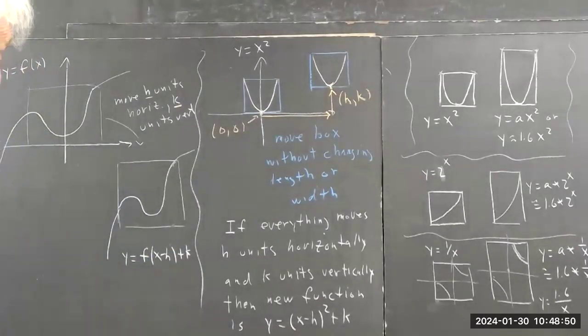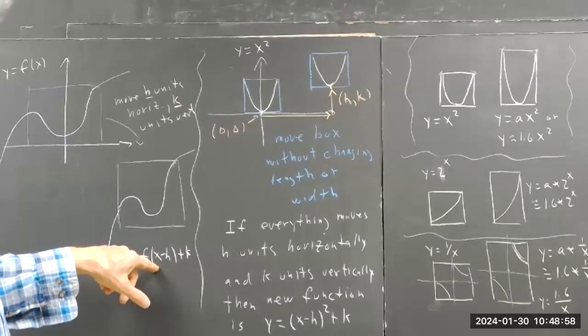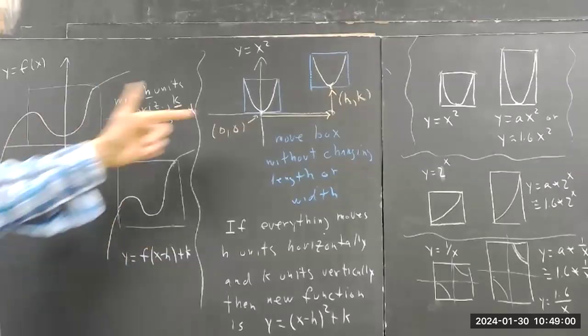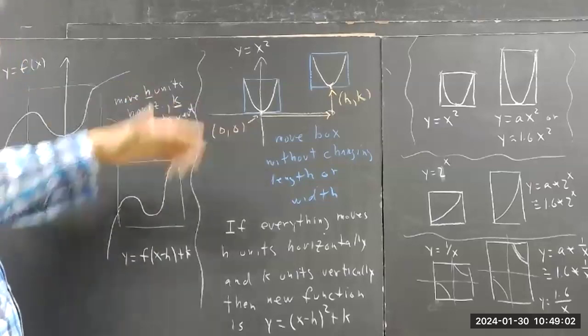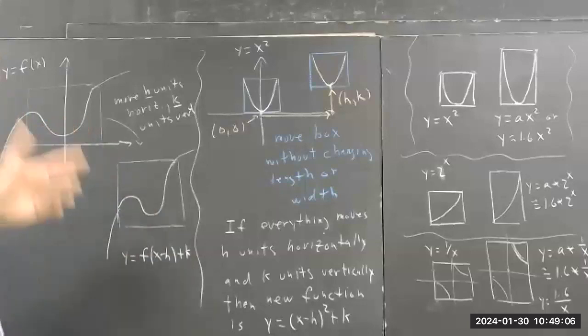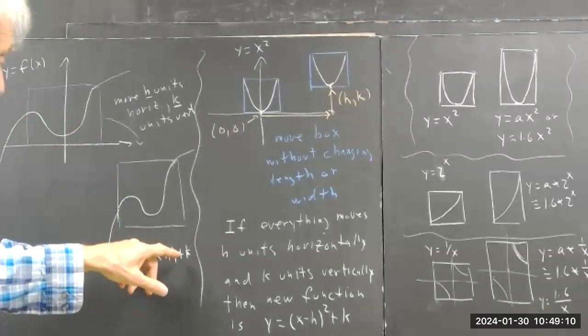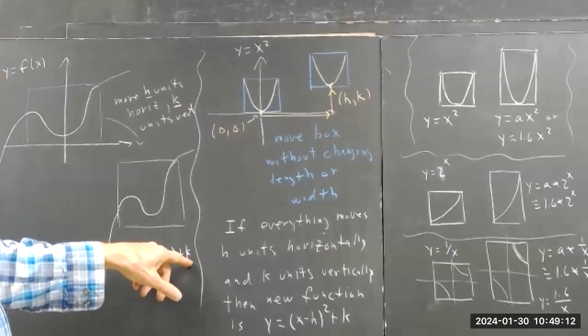We only got a few minutes. In order to give you the same value of f of x, x would have to be h units bigger here than it is here, which is why subtracting h moves the graph to the right. Now, plus k, this is the y value of this function. We add k.